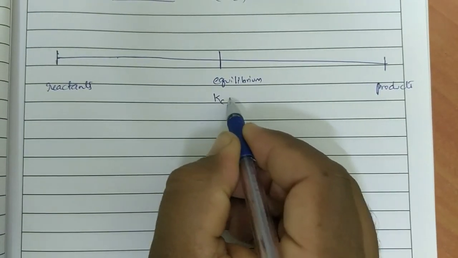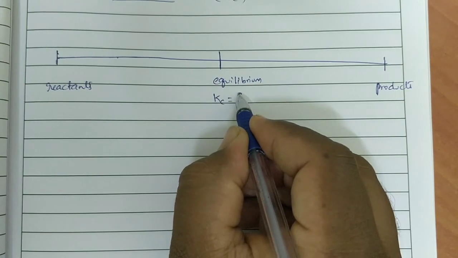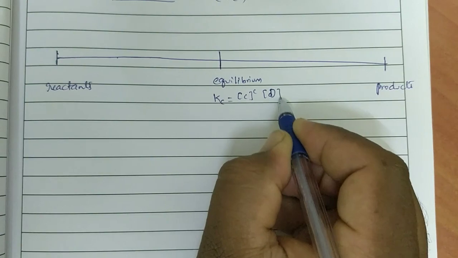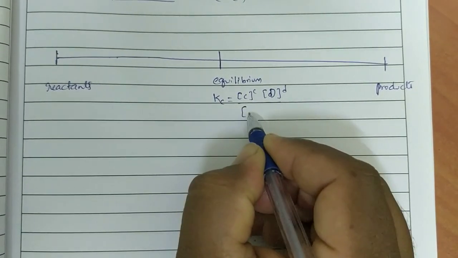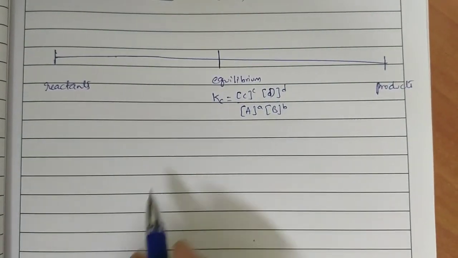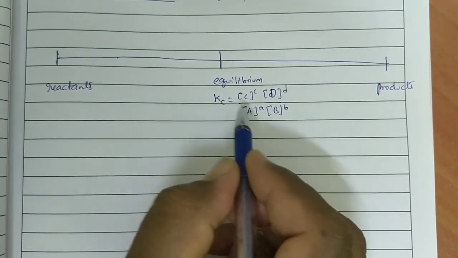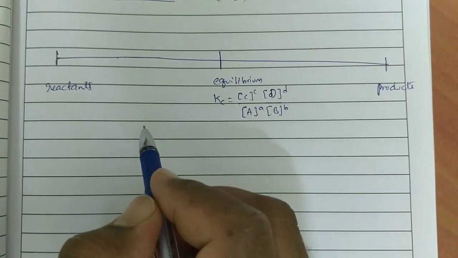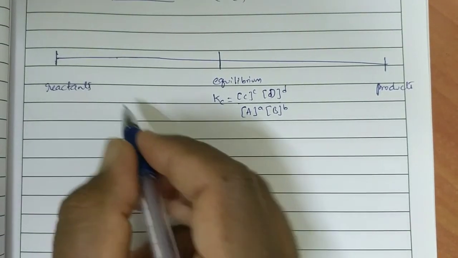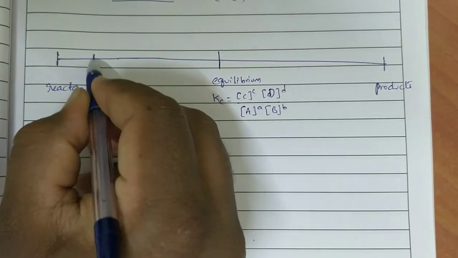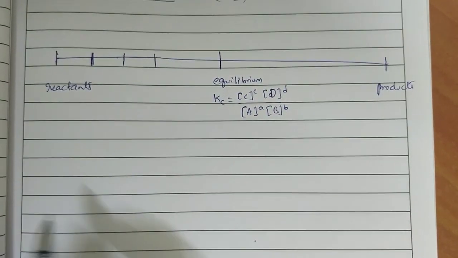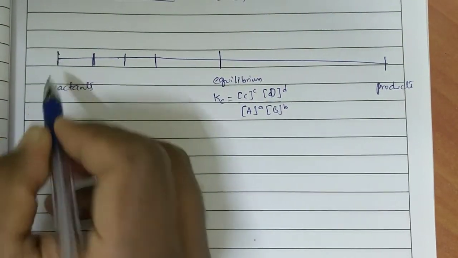At equilibrium, Kc is equal to concentration of C power c into concentration of D power d divided by concentration of A power a into concentration of B power b. This Kc value is correct at equilibrium only. Is it okay? Suppose for example I have started with reactants.